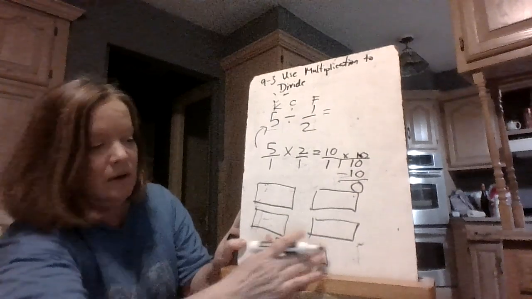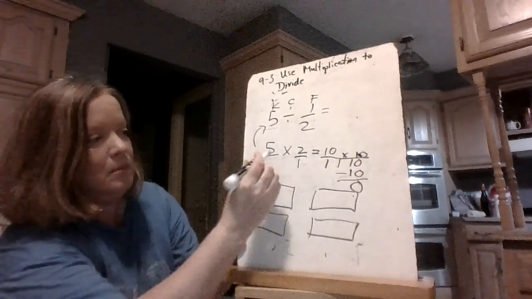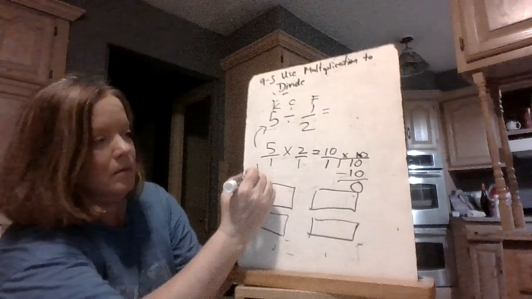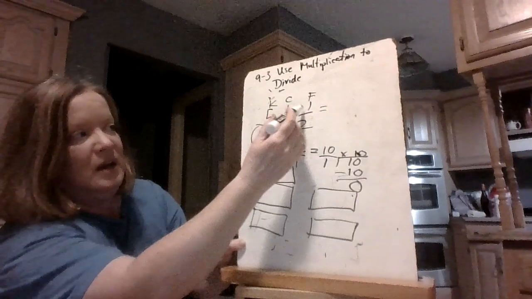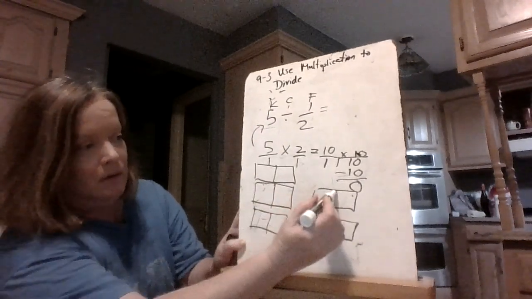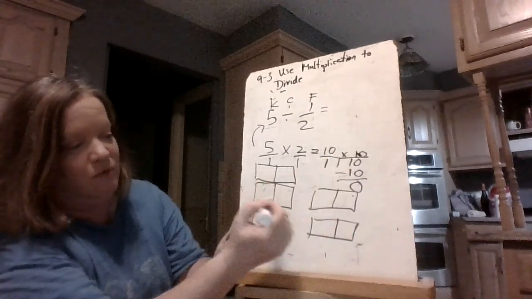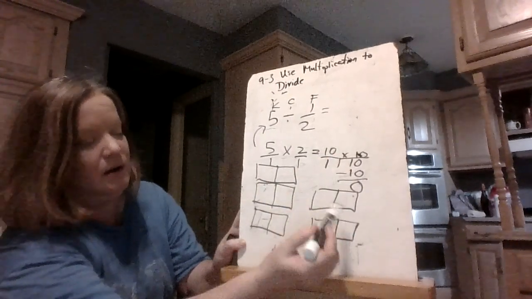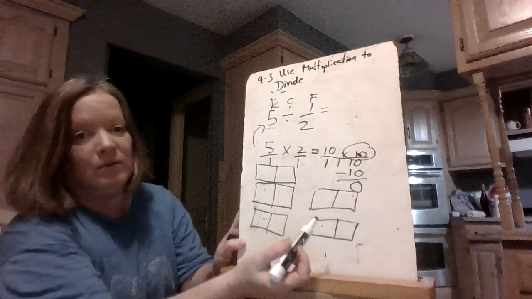And again, let me fix this one because they should really always all be about the same size. Okay. And if I cut them all in halves, meaning into 2 parts, I should end up with 10 pieces altogether. 1, 2, 3, 4, 5, 6, 7, 8, 9, 10. So my model is matching my answer to my algorithm.